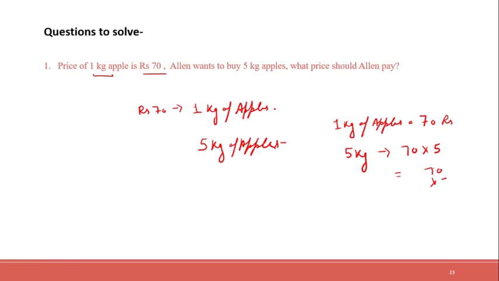This is how we do it, right? 7 into 5 is 35. So it is 350. Ellen has to pay rupees 350 for 5 kg of apples.